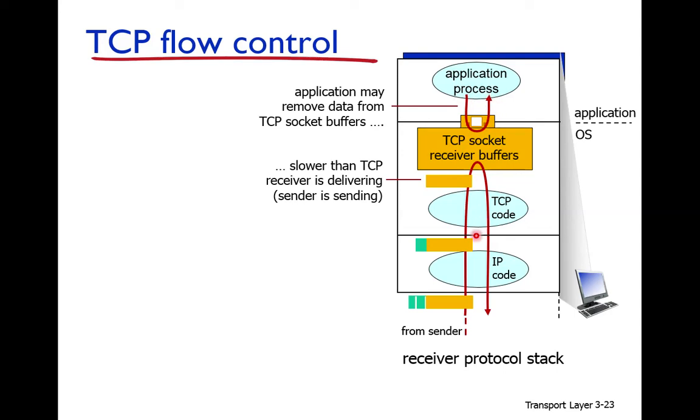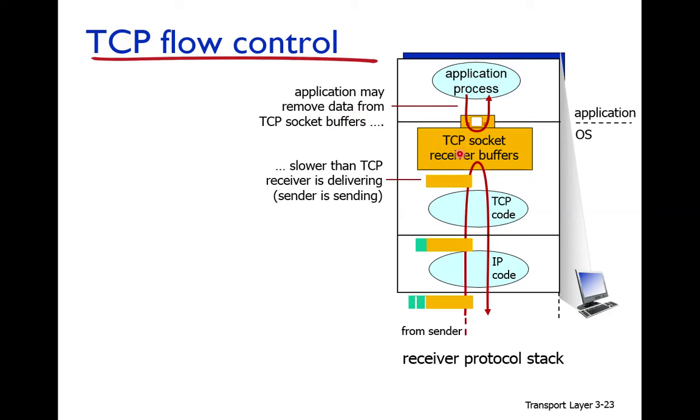Suppose that the data arrival rate from the sender side is larger, and the application process reading the data from this buffer is slow. So the application removes data from the TCP socket.